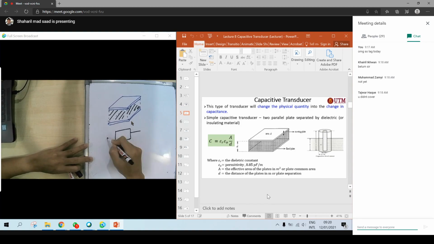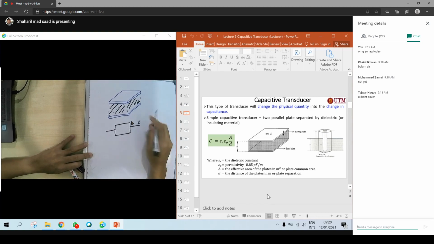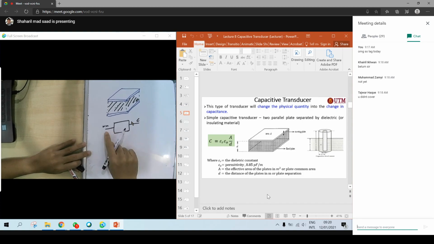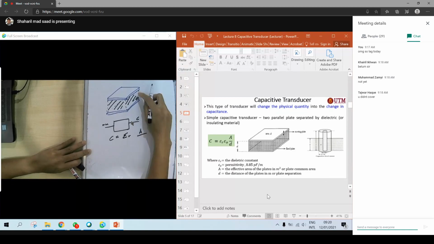So of course the output of the capacitor is quite simple. It will give you the capacitance, and it depends on your displacement D. The formula for capacitance is this. It is proportional to the dielectric and also the surface area between these two plates, right?